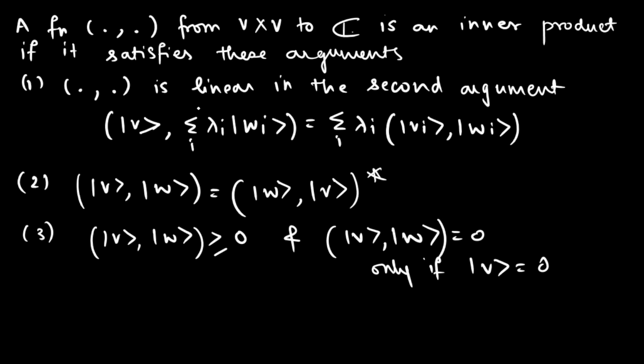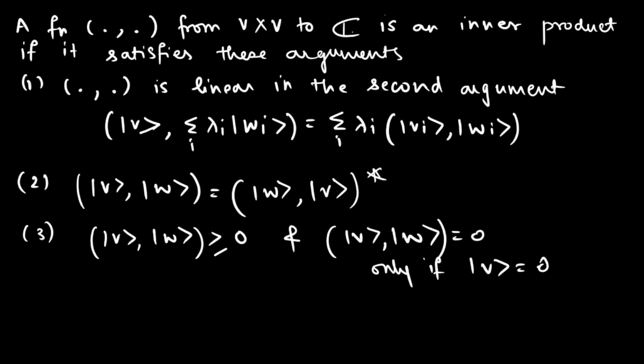That is, this function is linear in the second argument, as you can see, for a scalar lambda. Second, (V,W) is (W,V) with a complex conjugate, as we saw in the previous definition also. And third is (V,W) is always greater than 0, and this would be 0 only if V is equal to 0 or W is equal to 0.